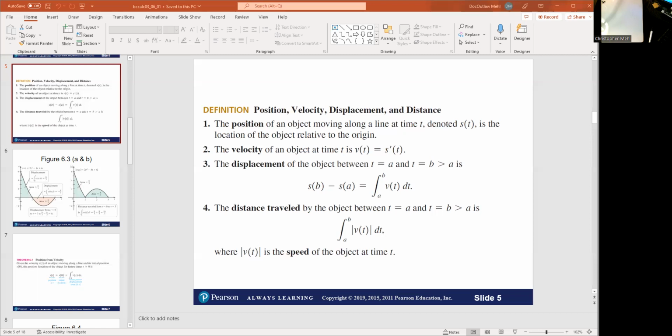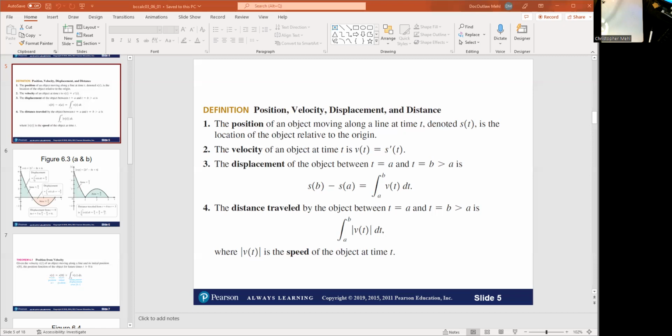It's 10 units. I integrate the velocity function over that time interval, and that gives me the displacement. I don't need to know where I started to know the total displacement.